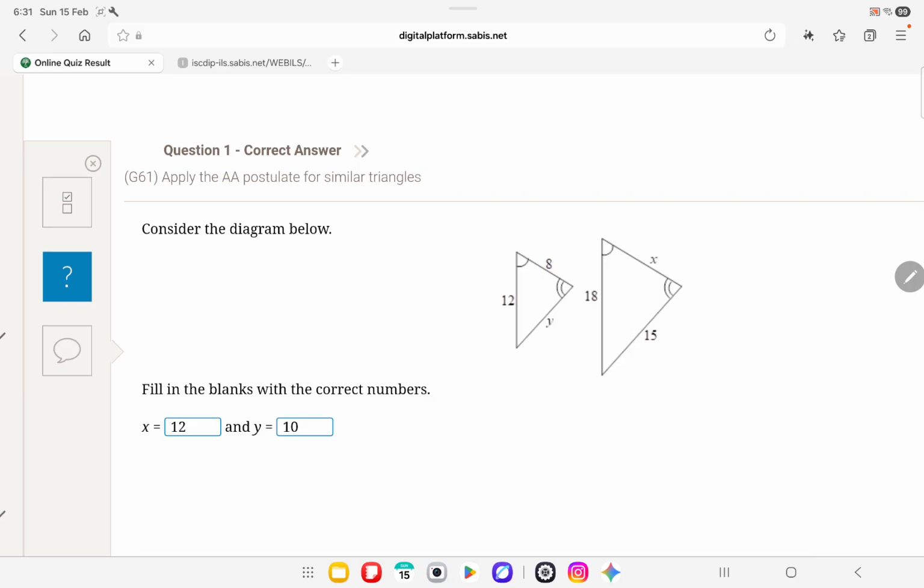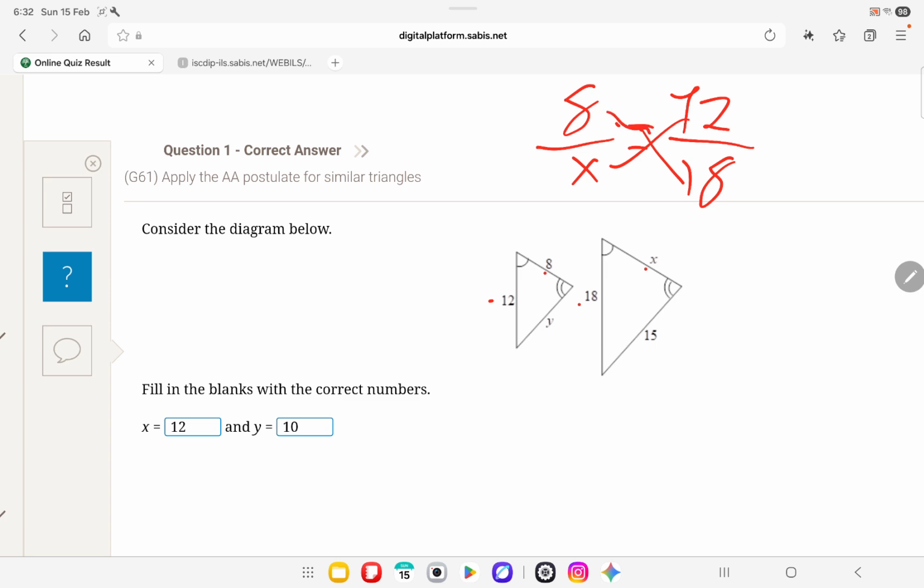So what do we do? We do 8 over x, which is this over this, is equal to 12 over 18. Now here, how we solve it is we just cross multiply.